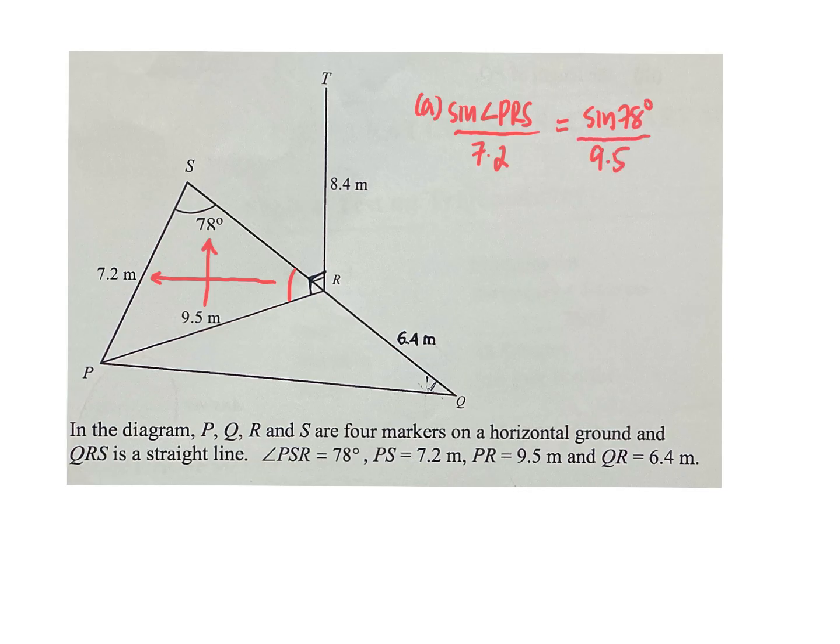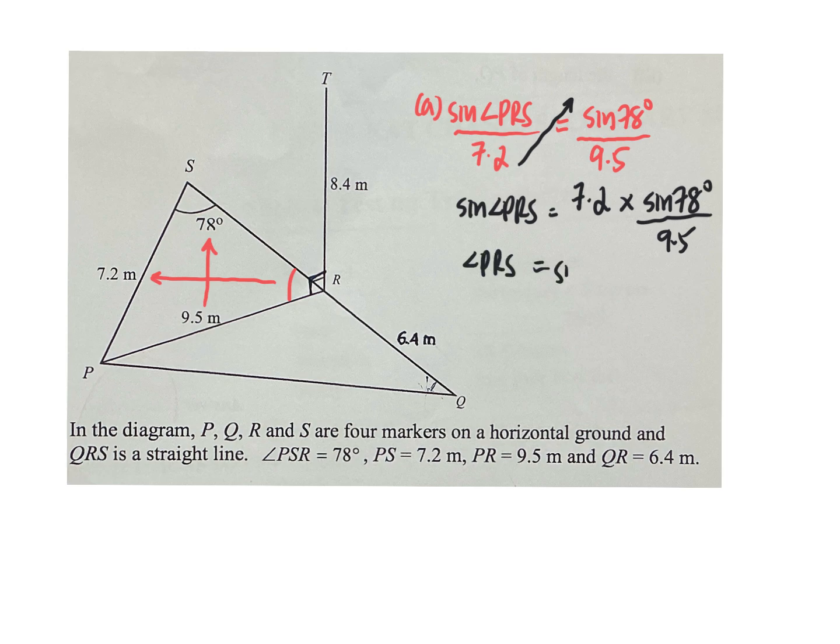So let's do a cross multiply. Multiply the 7.2 over. Okay, so how to find the angle PRS? You just take a sine inverse of this whole chunk.